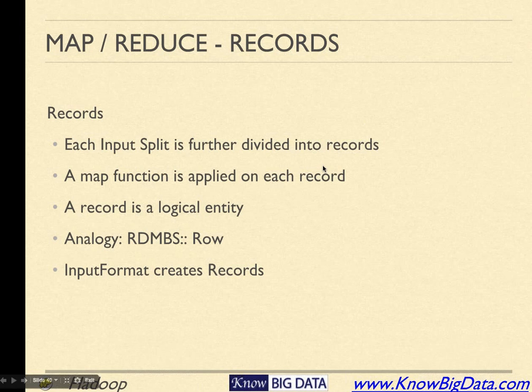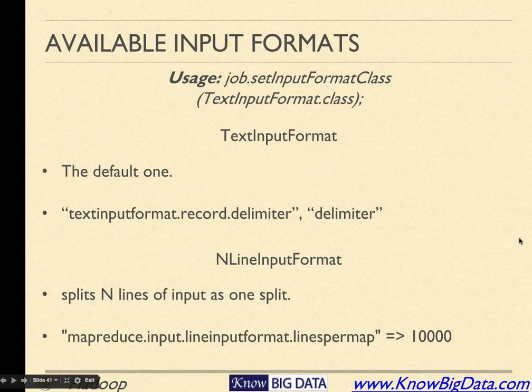So input format creates records and input splits. There are many default input formats. The input format definition is responsible for creating input splits. And what is an input split? It's a bunch of records.